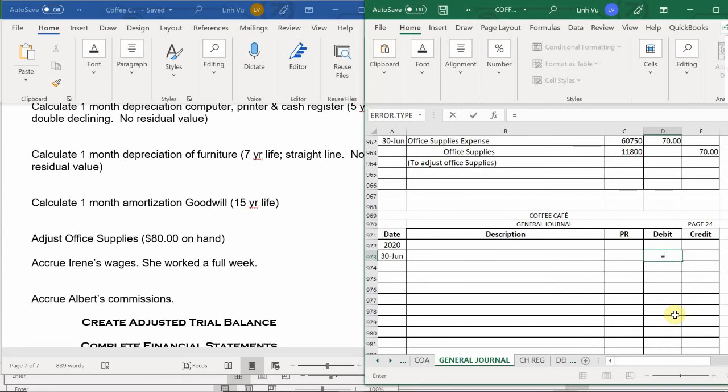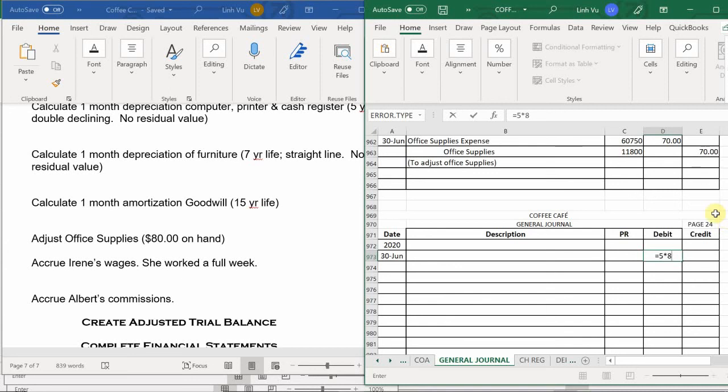The last time we paid her was on Friday, but her payment period ended on Sunday, June 23rd. So she worked Monday, Tuesday, was off Wednesday and Thursday, worked Friday and Saturday, and today is Sunday the 30th. So she worked a full 5 days. She's a full-time employee. Yes, 5 full days.